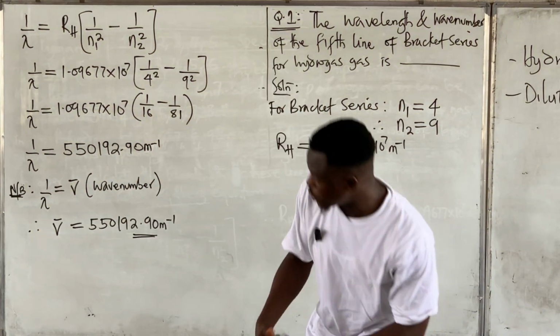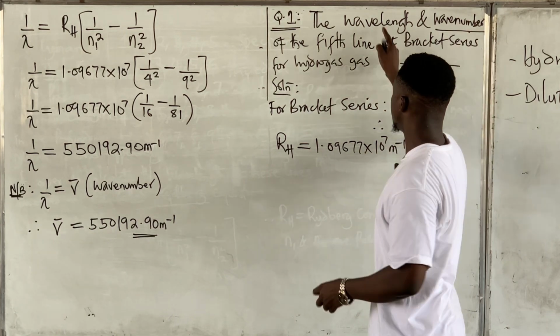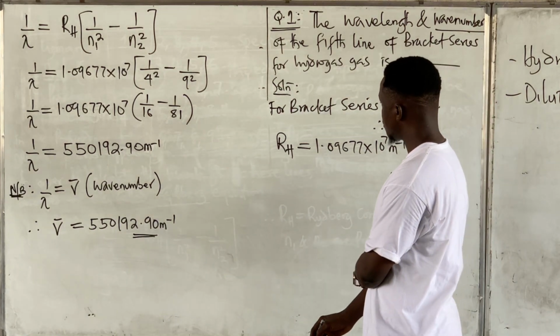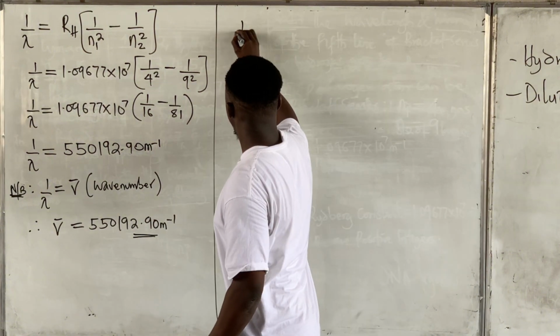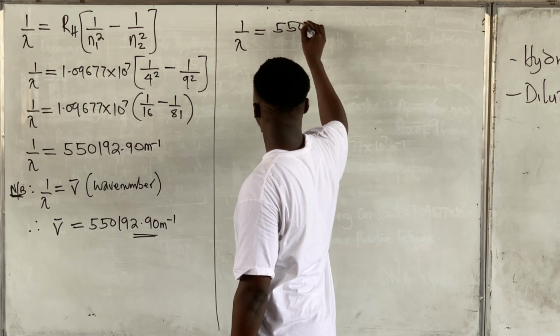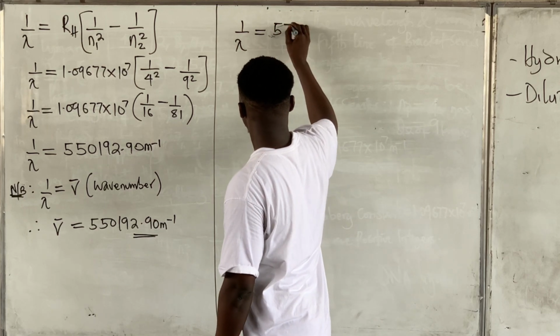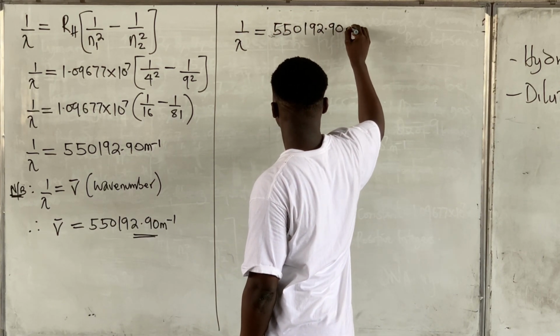So what I just solved for now is the wave number; I actually jumped to the second question before solving for the first question. So let's solve for the wavelength. 1 all over lambda equals 550,192.90.